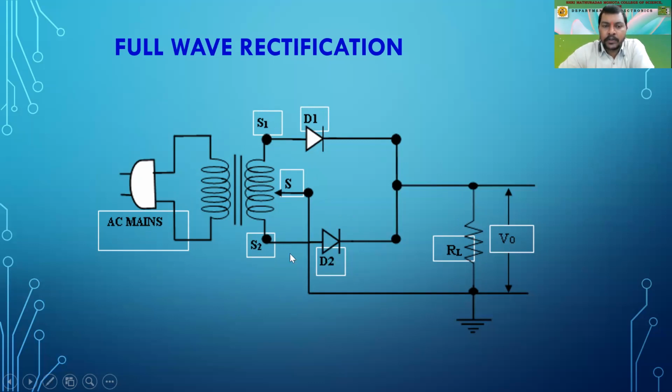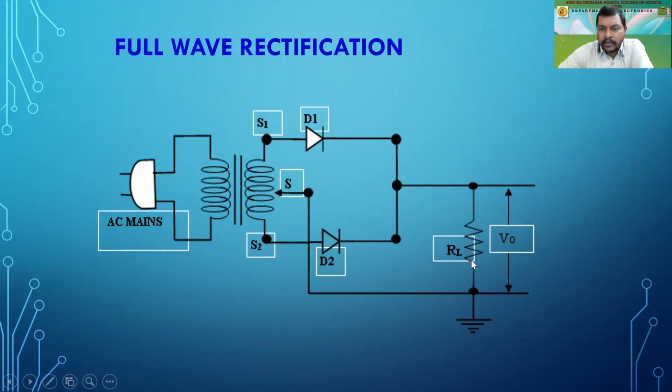S1 will be positive and S2 will be negative with respect to S. Now we are considering with respect to S. So as S1 is positive, the anode of diode D1 will be positive and the cathode will be negative, right? So as soon as this becomes positive, diode D1 will be forward biased, whereas diode D2 will be reverse biased. So the current will flow from S1 through diode D1 to this summing point over here.